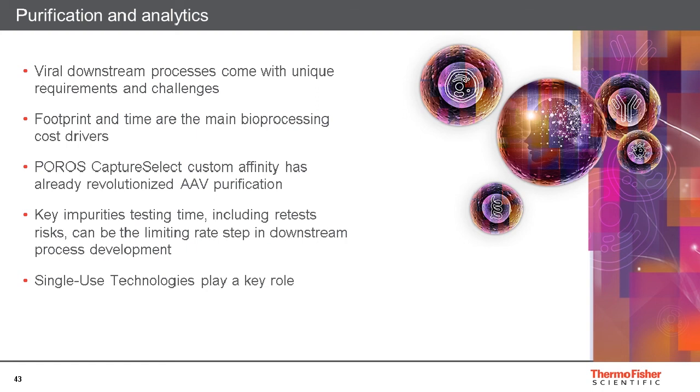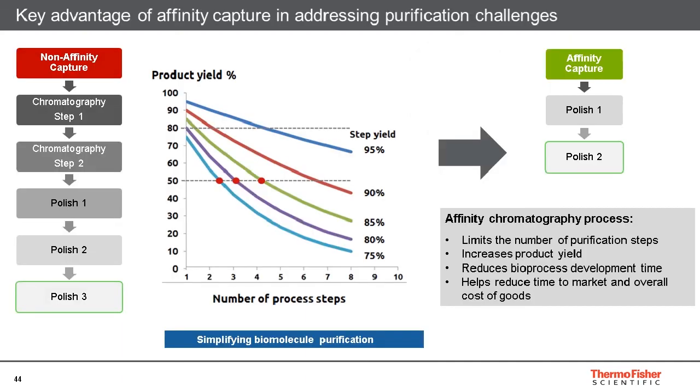I'm going to walk you through some of those technical aspects related to the purification of whatever you are making from your adherent cells. We could take the example of a VLP, a virus-like particle, which would be a popular product to be made out of adherent cells.